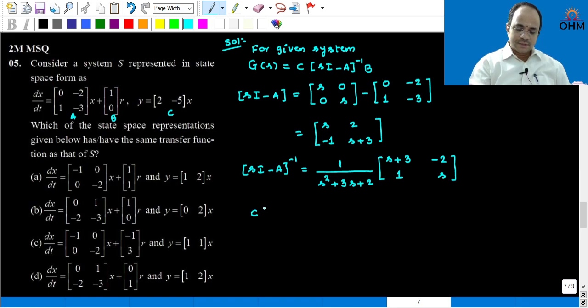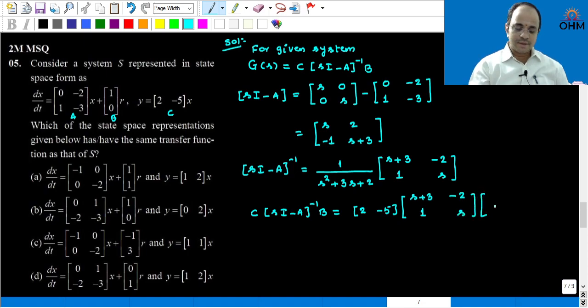Now C into (SI minus A) inverse into B. So the C matrix is 2 minus 5, (SI minus A) inverse is S plus 3, minus 2, 1 and S, and the B matrix is 1 and 0, with denominator S square plus 3S plus 2.